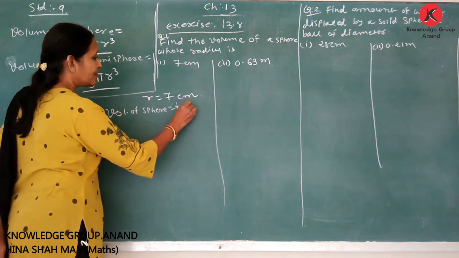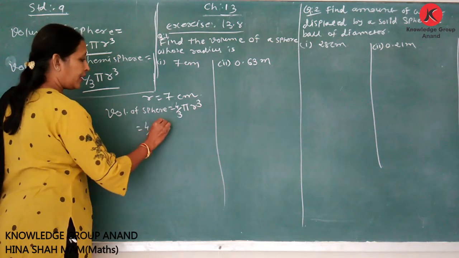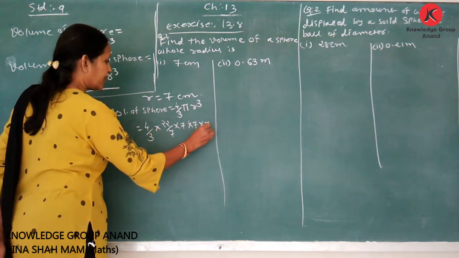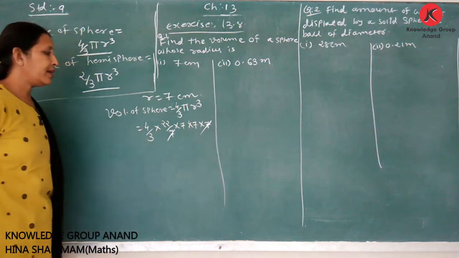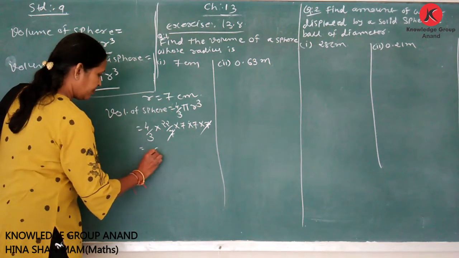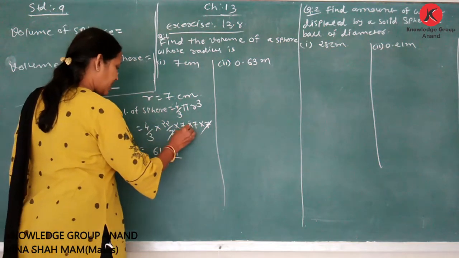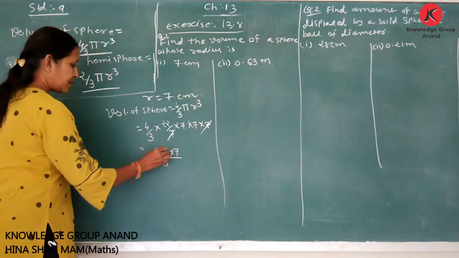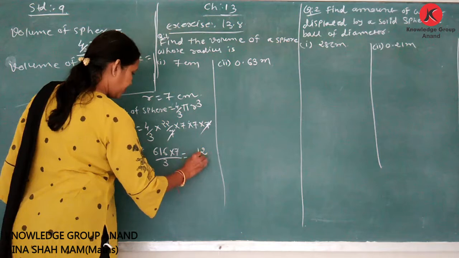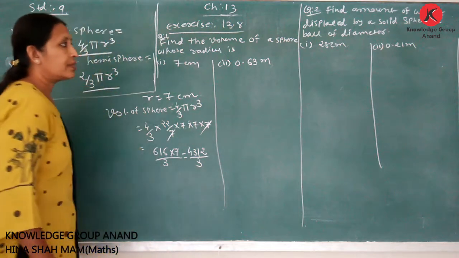4 by 3 pi r cube is equal to 4 by 3 into pi is equal to 22 by 7, into 7, 7, 7. 3 times 7, 7, here cut. 616 into 7 upon 3. 88 7s are 616. 7 6s are 42, 4, 11, 1, 4, 3, 1, 2 upon 3.